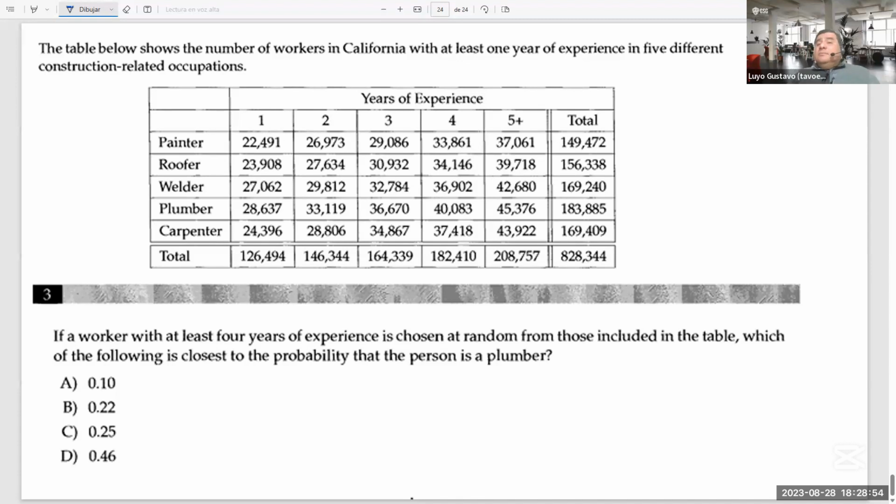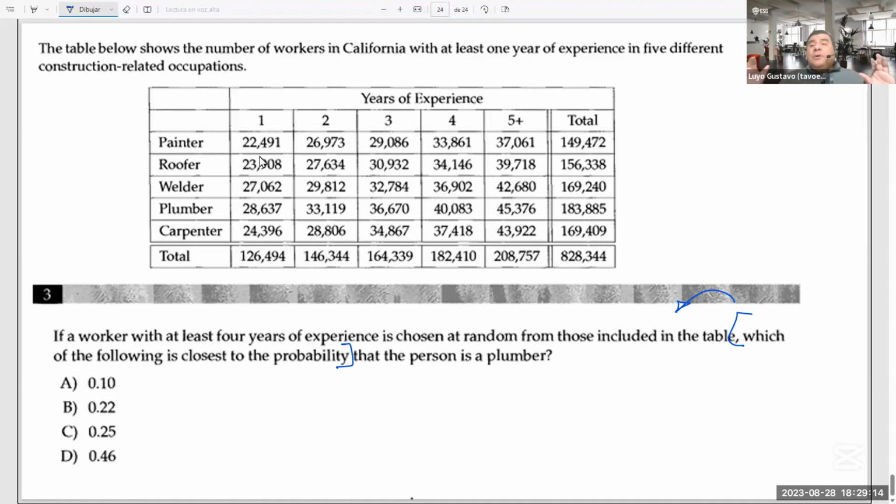So you see here, before the pivot phrase, which is what is the probability, this information signals the reference group, okay? So we're talking about a probability of choosing among a total group of the people with at least 4 years of experience.